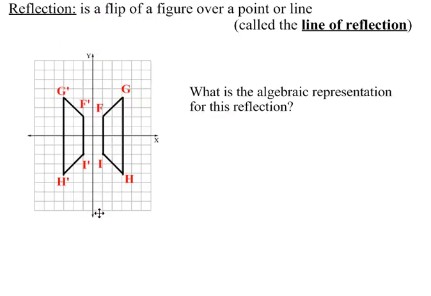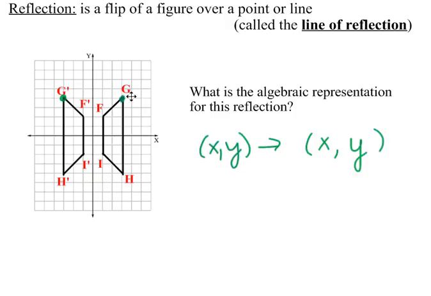So what's the algebraic representation for this reflection? Well, since this reflection is going across the y-axis, if you forget which one to make negative, what you can do is start out saying, well, nothing changes, but something really does. We can take a look at G and G prime.